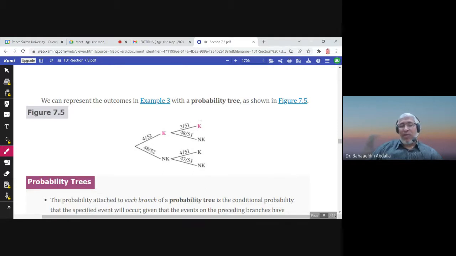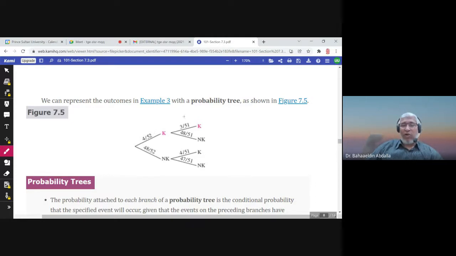And now the probability of selecting king in the second, given that king in the first, would be what? 3 over 51, because 3 kings are left. But the probability of selecting not king in the second, given that king in the first, would be 48 over 51, because I selected one king.